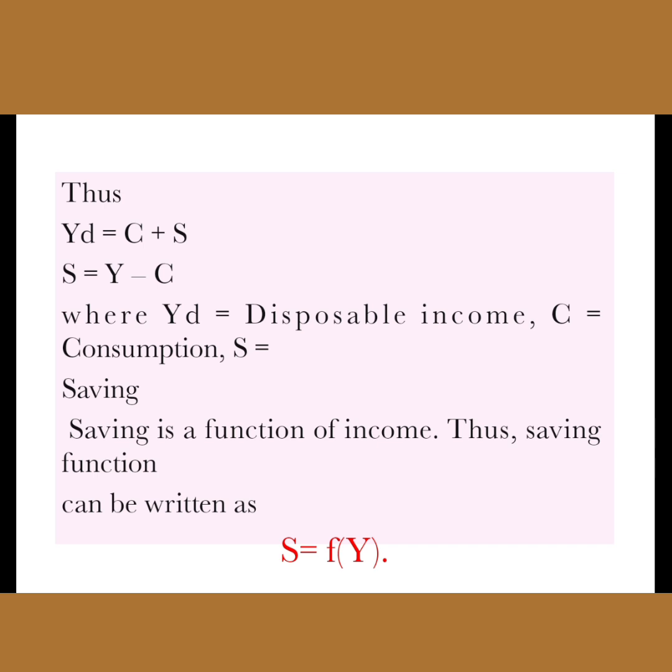If the income increases, the saving increases too. If the income decreases, of course, we cannot save more with a high level of consumption. That's why S is the dependent variable and income is the independent variable.